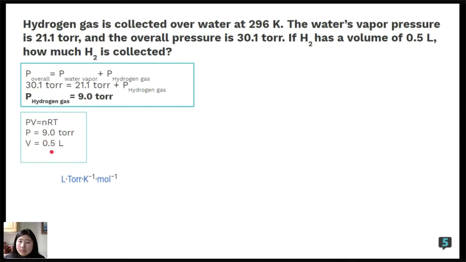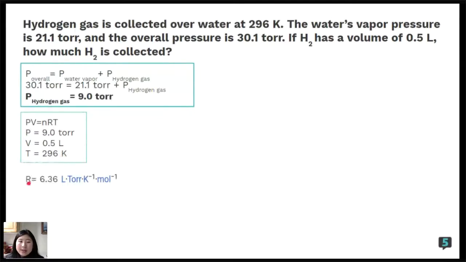We also know that the temperature is 296 kelvins. If the whole sample is 296 kelvins, then the hydrogen part is also 296 kelvins, because one sample is all the same temperature. They're not going to be different temperatures unless they're reacting to make a product that has a different temperature, which would change the overall temperature of the sample.